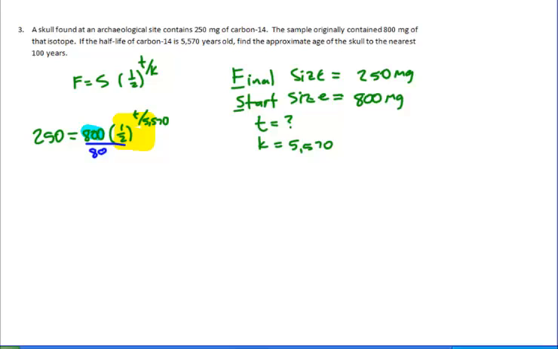Remember, it is 800 times 1/2 to a power, not half of 800 to a power. So pay very close attention to where your exponent is. Now punch into your calculator what 250 divided by 800 is. And I got 0.3125.